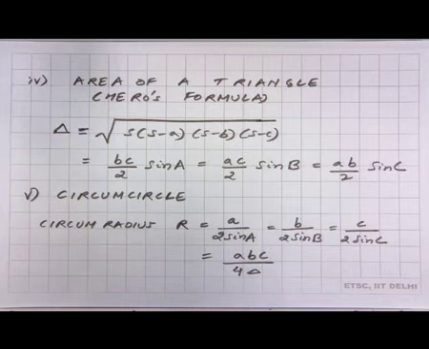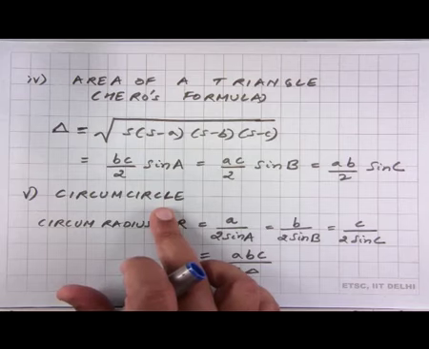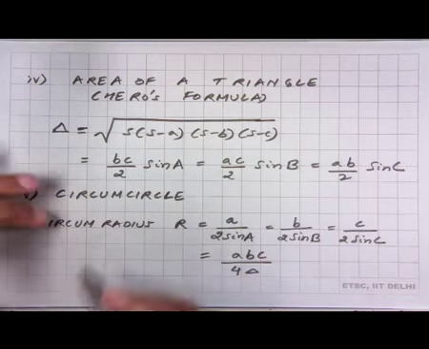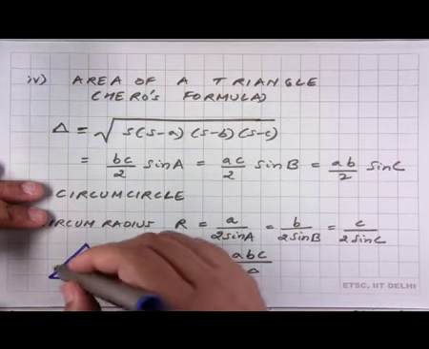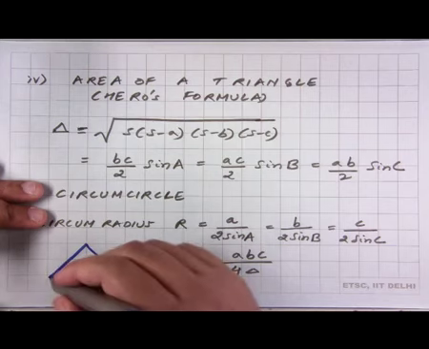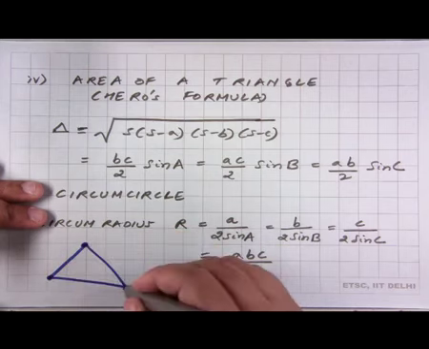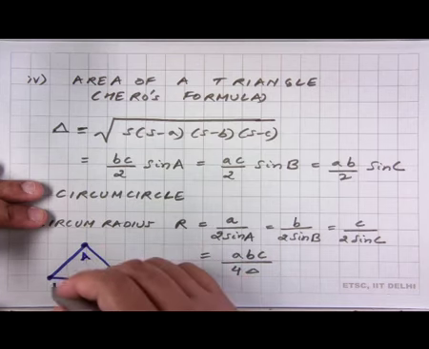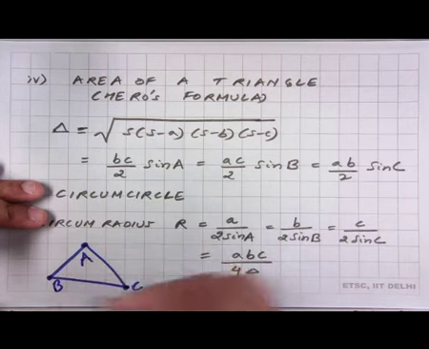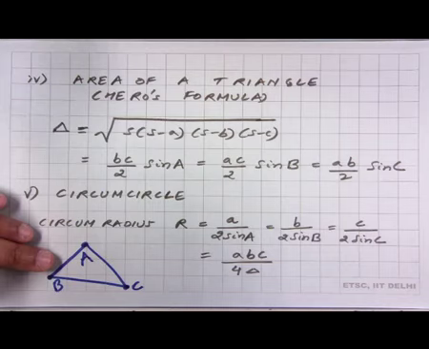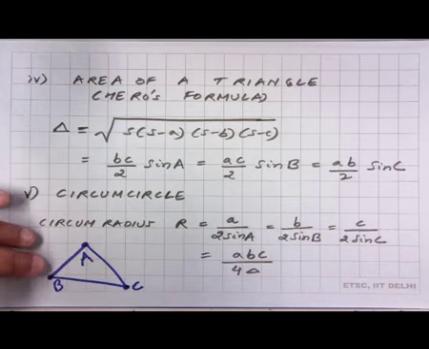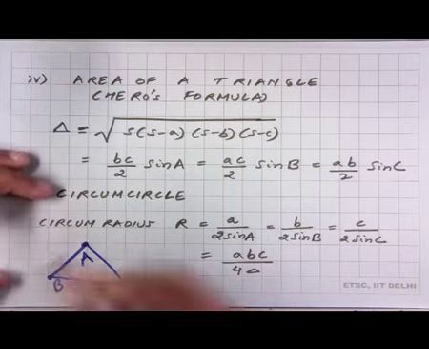We also derived the formula for the radius of the circumcircle. If we recollect, for any triangle the circumcircle is the unique circle which goes through all the three vertices of the triangle. So, let us say the vertices are A, B and C, then the circumcircle of this triangle is the unique circle such that these 3 points A, B and C lie on the circumference of this circle.